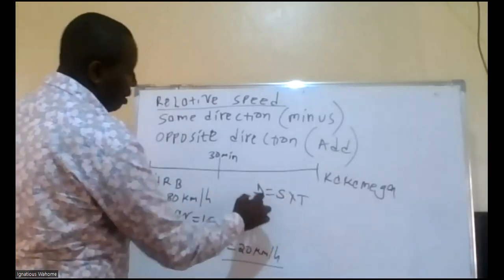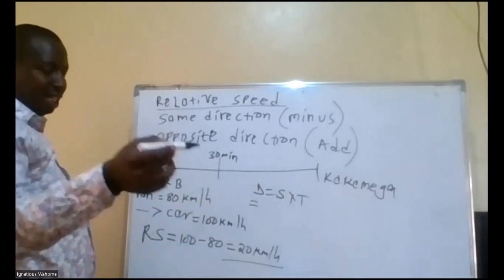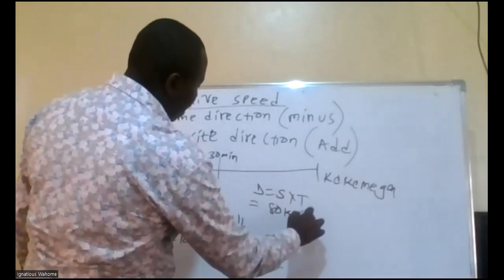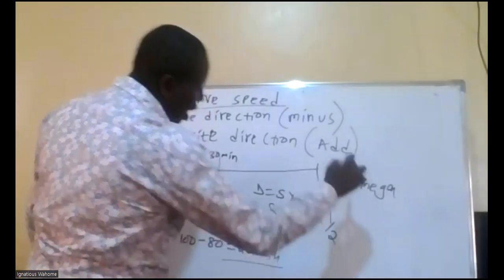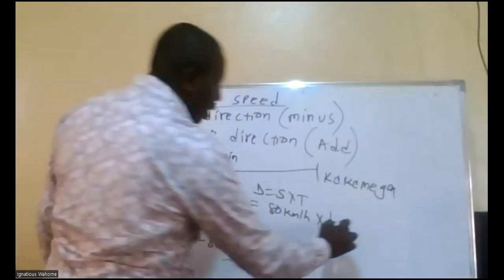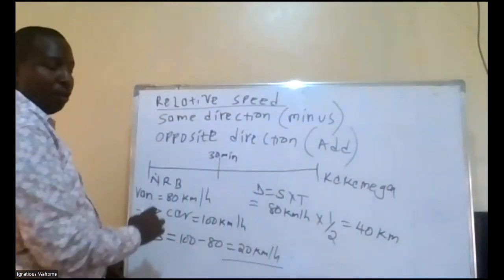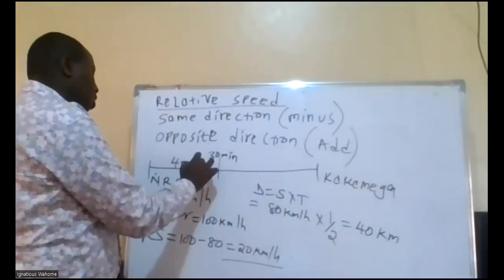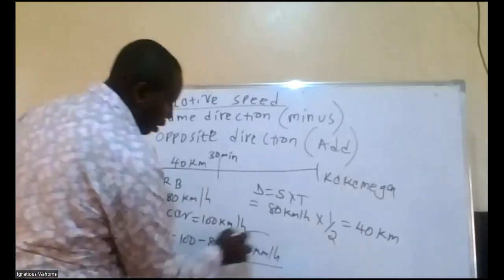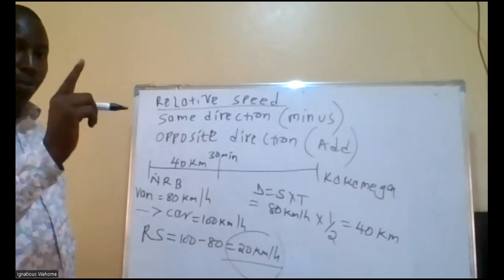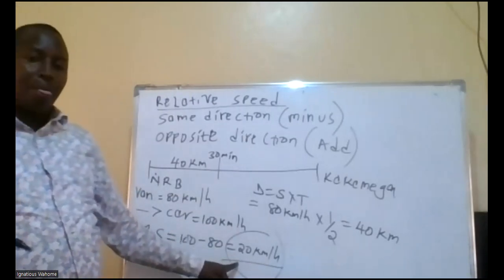So the distance covered by the van before the car started will be the speed of the van, 80 kilometers per hour, times half. In this case, you get 40 kilometers. We have already answered question A. The relative speed is 20 kilometers per hour.